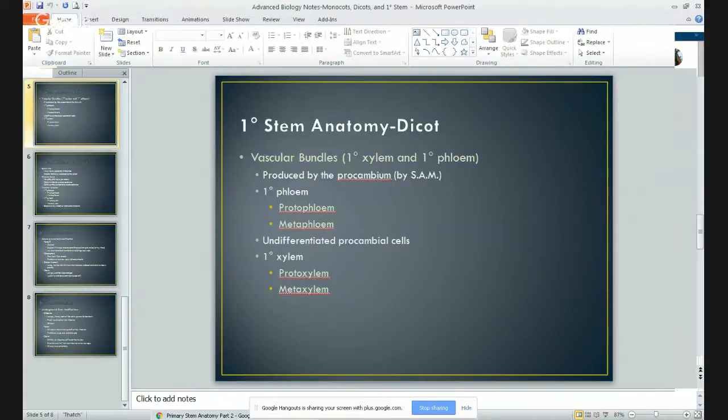So your shoot apical meristem made that primary meristem of the procambium, which then made the primary tissues of primary xylem and primary phloem. I've listed it in order from the outside in. You've got primary phloem, then a row of undifferentiated procambial cells, and then your primary xylem. You can see in that first diagram how I've got that layer in between, separating the two so they don't actually touch.